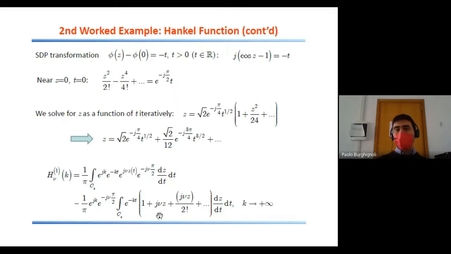And finally, with much work, we can insert the expression of z as an infinite summation of powers of t inside each of the infinite terms of this infinite summation in z, in which I guess there is also a missing exponent 2 here, by the way. And also inside the Jacobian, there is the derivative of z with respect to t.